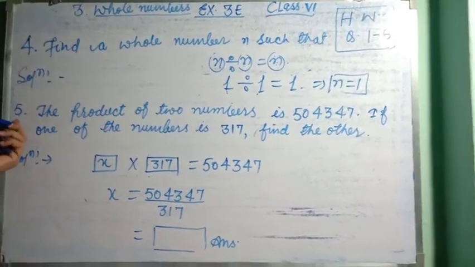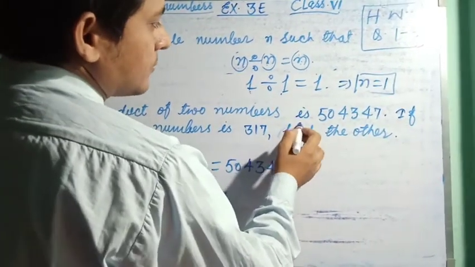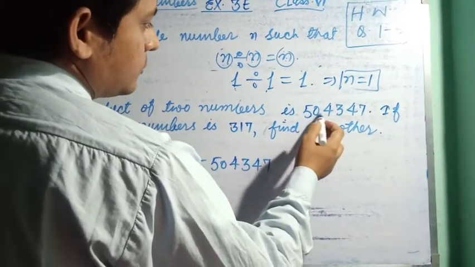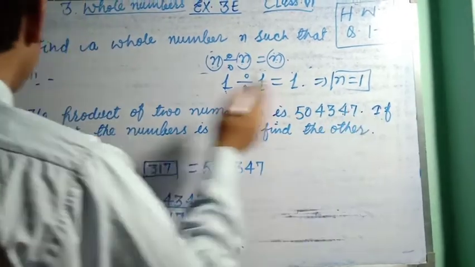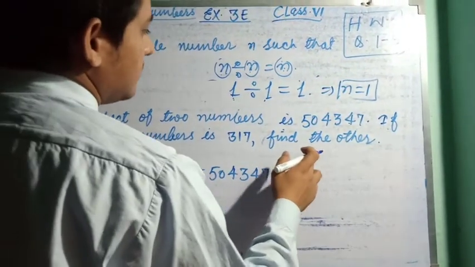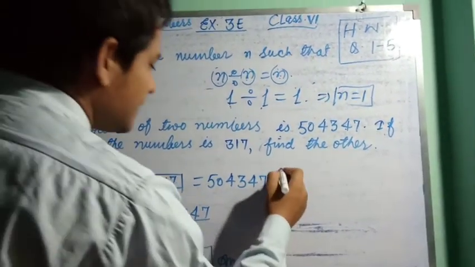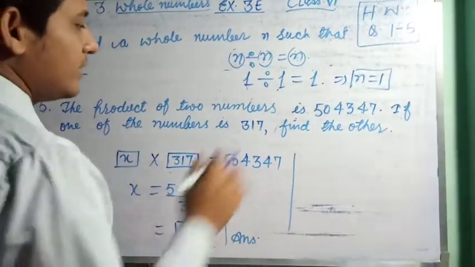Now move to the last question, the 5th. The product of two numbers is 504347. If one of the numbers is 317, find the other. It's a very simple question. Let us understand with the help of an example.